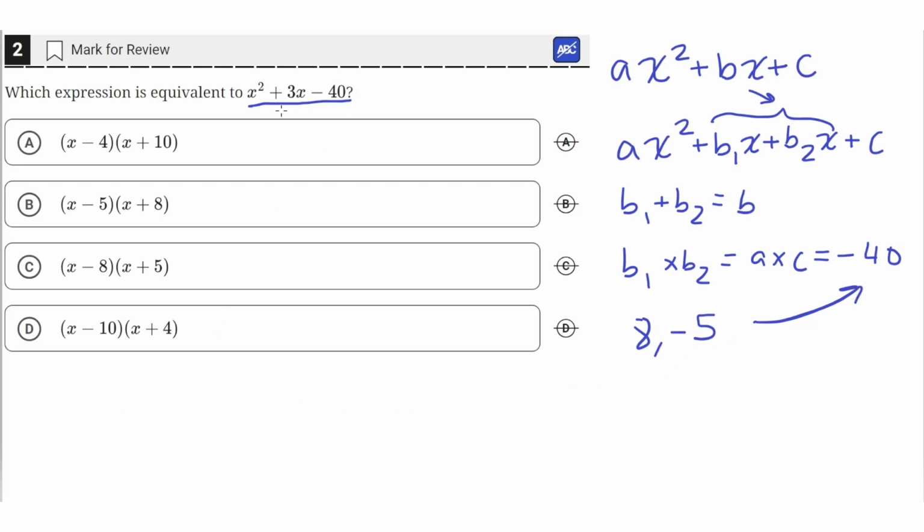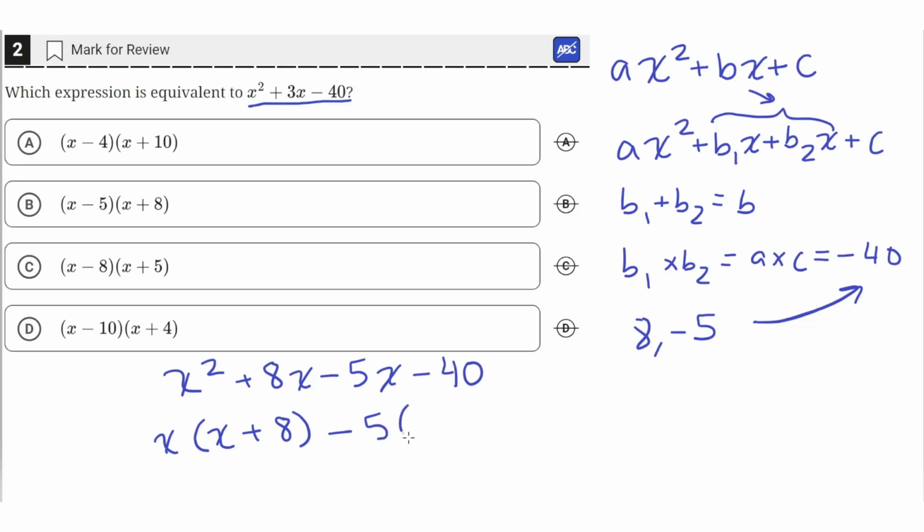So when we split the b term into 8x minus 5x, we are left with this: x squared plus 8x minus 5x minus 40. So then we can factor out an x from these first 2 terms here. And for the second 2 terms, we can factor out a negative 5.